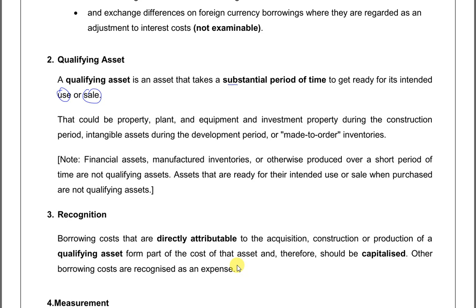Material costs, labor costs, overhead, capitalized. And it takes a substantial period of time, and it's for my own use. Then yes, it is considered a qualifying asset. Later we have other examples, but the keyword here is not more than 1 year. It can be less than 1 year.